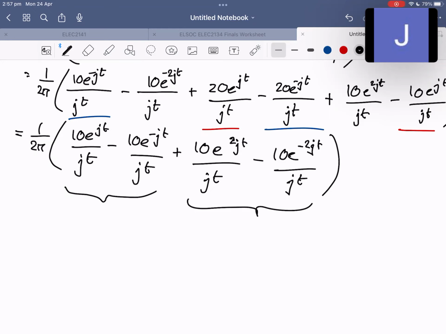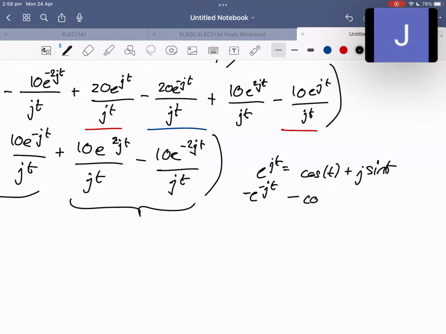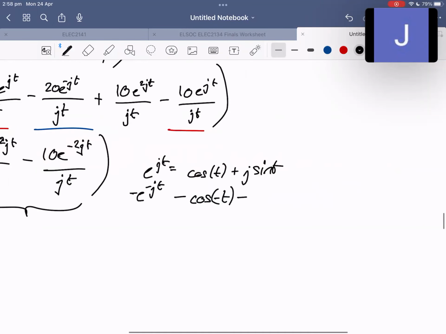Cool. So we have 4 terms, and we're going to group each of these together, because if you recall from like Math 1A or 1B, when you add two exponentials that are complex conjugates, you just get a sinusoid. When you subtract them, you should get 2j times the sine of t. So e to the jt can be expressed as cos t plus j sine t. And then when you subtract e to the minus jt, you subtract cos of minus t minus j sine of minus t.